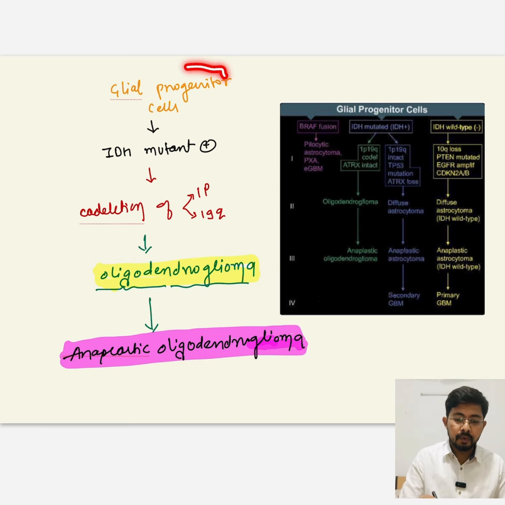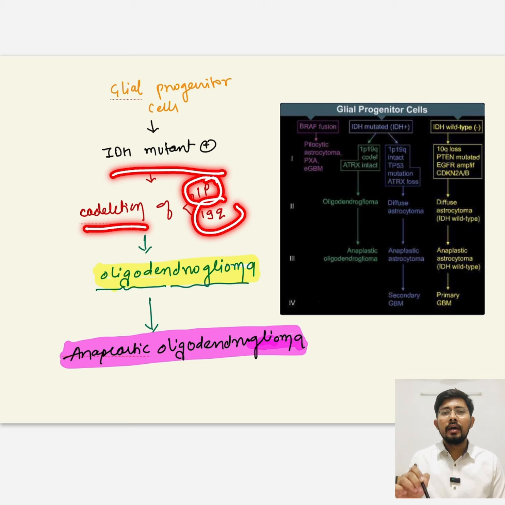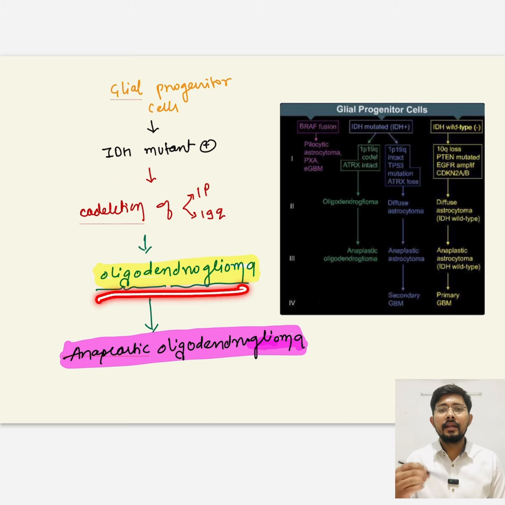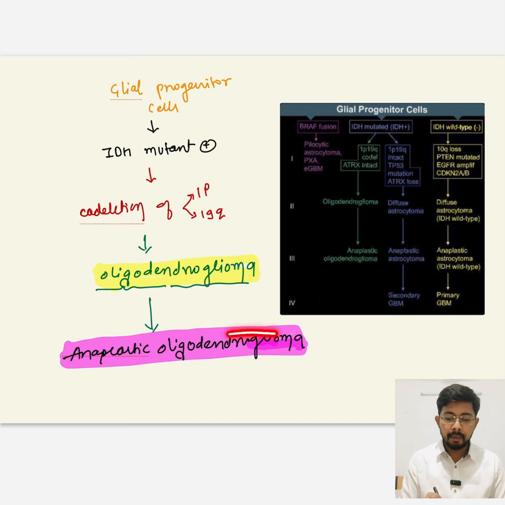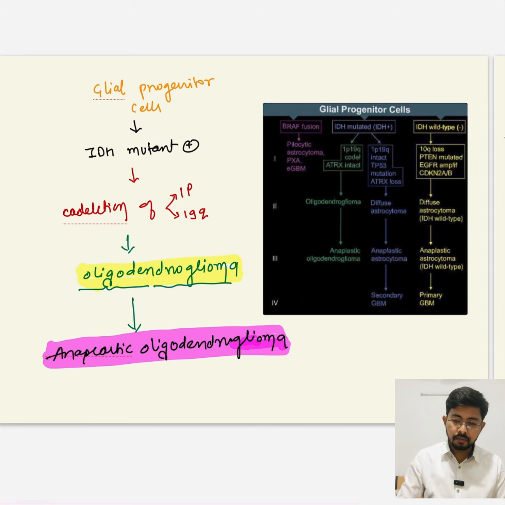So the glial progenitor cell has the IDH mutation, then co-deletion of chromosome 1p19q leads to oligodendroglioma, and then successive mutations lead to anaplastic oligodendroglioma. The same cycle is followed by secondary GBM or anaplastic astrocytoma also.